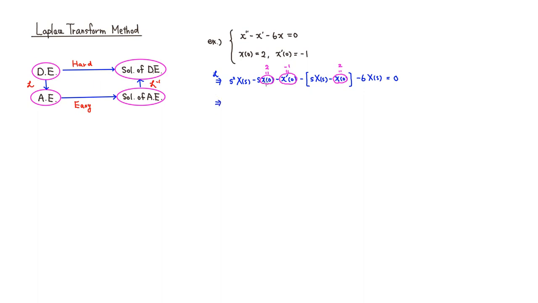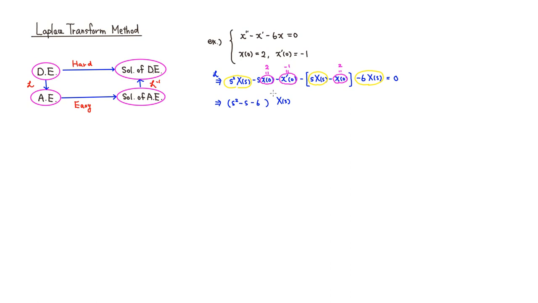So let's see, I'm going to collect all the ones with the capital X of s. We have s squared capital X of s, so I'm going to put s squared here. Another one is negative s capital X of s, so you have a minus s. And then we have negative 6 capital X of s, so we have a minus 6 here.